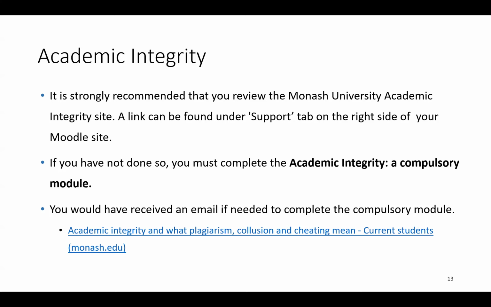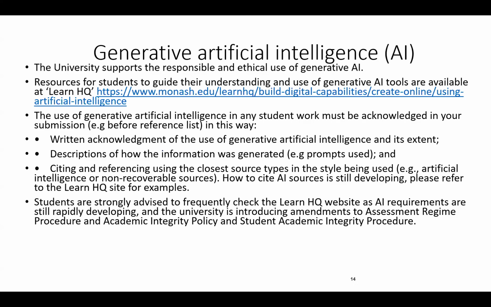So please, any of the students here, if you haven't done the compulsory module, please do it as soon as possible. As I mentioned, AI is a big deal in your university as well. And as I said, under the support tab on the Moodle site, there's a Learn HQ site, and that has a lot of information around the use of AI.